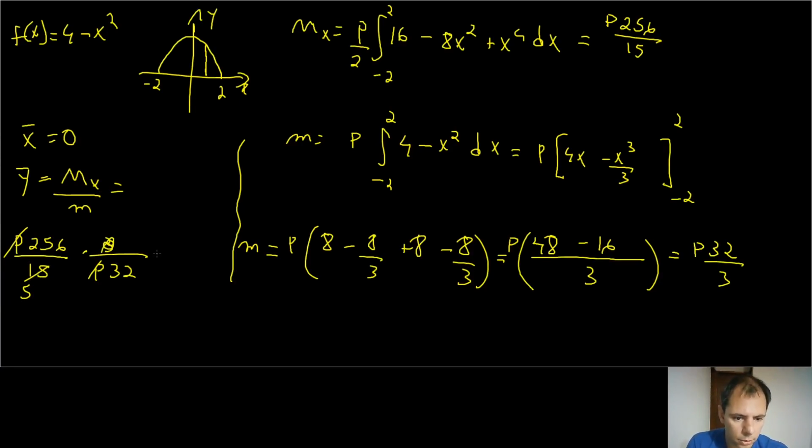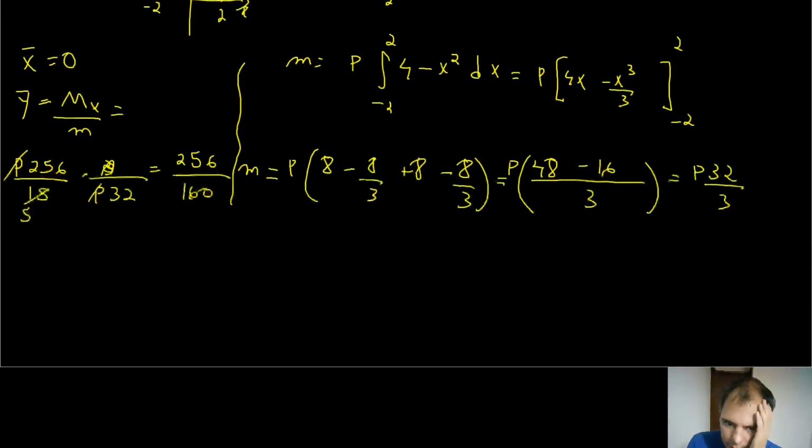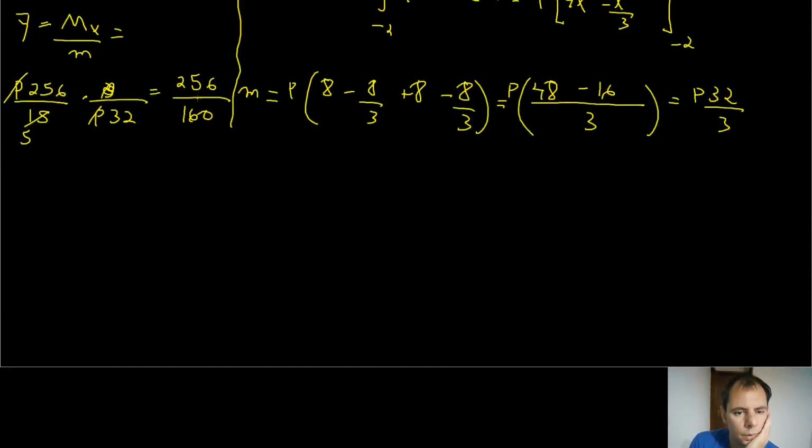All right, so it'll be 256 divided by 160, right? In simplifying that, you can divide everything by 8 and get 32 over 20.